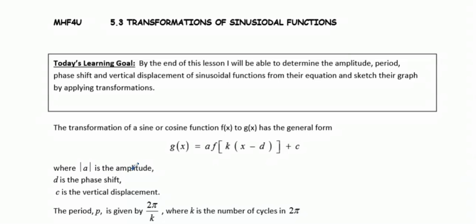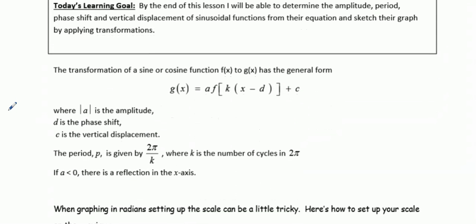Amplitude relates to vertical stretch. Phase shift relates to horizontal translation. C, vertical displacement, relates to vertical translation. And P is the tricky one because P here is not in here.